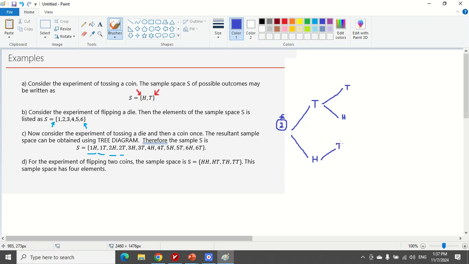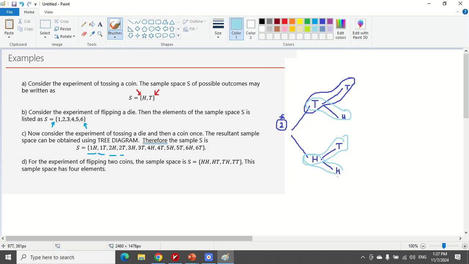For the second branch, head has already appeared, and again we have tail and head. Now all the cases can be considered as TT. This TT means that the first coin was tail and the second one is tail as well. The second case is TH, meaning the first coin was tail and the second one is head, and then we have HT and HH.